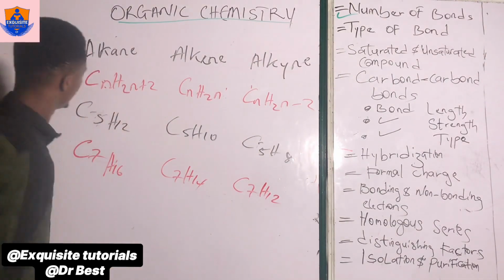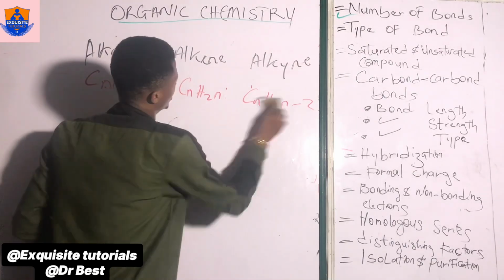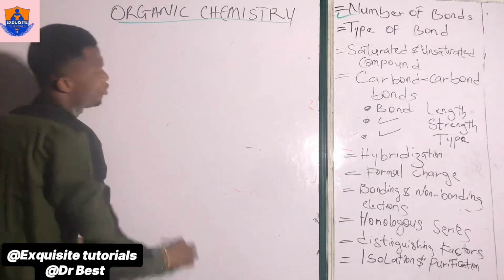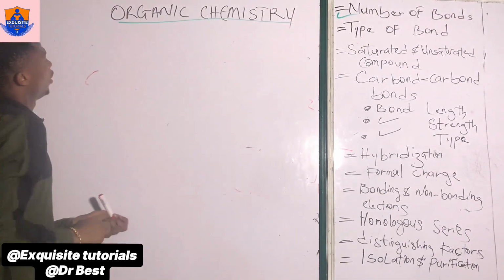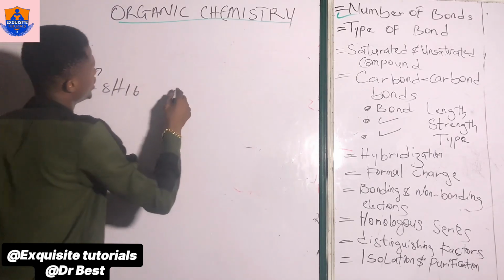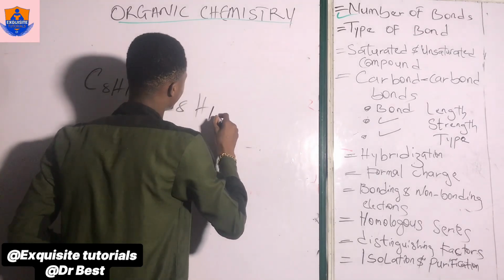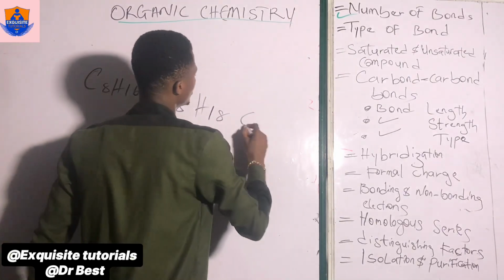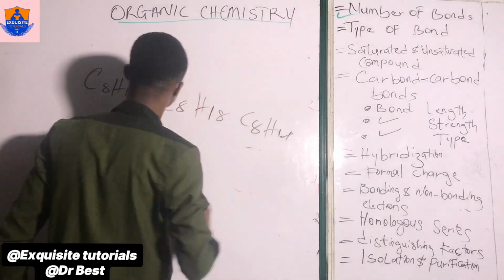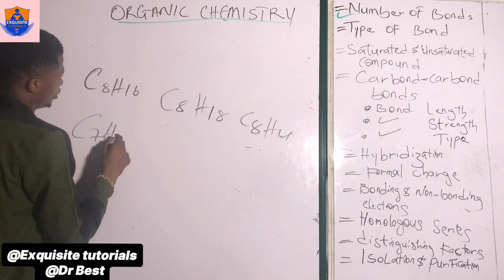You get it, right? Now let me give you a question to solve to see if you really understand what we mean here. Let's say I give you all these compounds: C8H16, C8H18, C8H14, and C7H14.